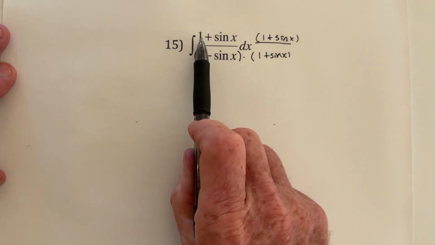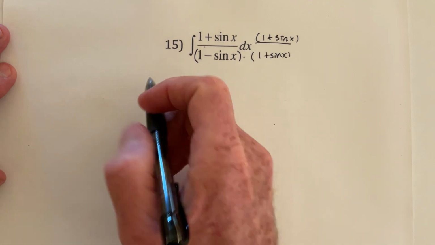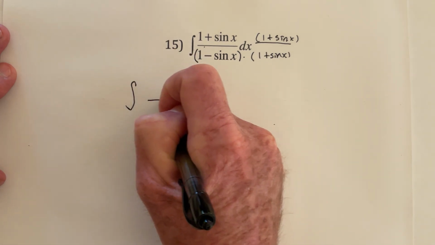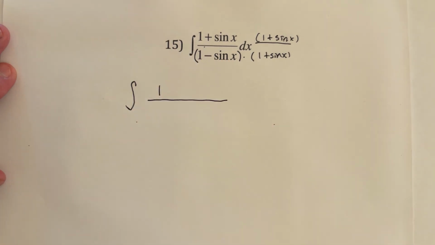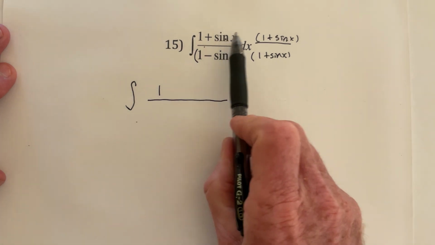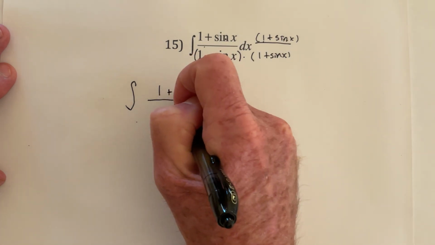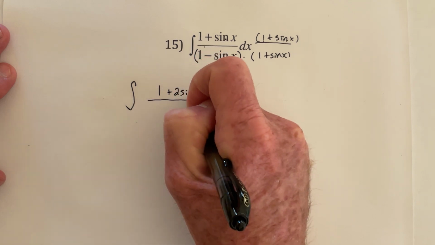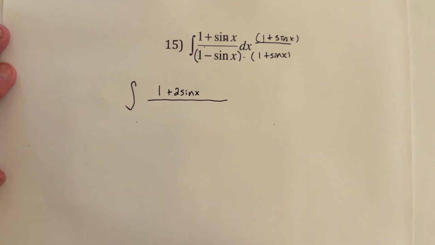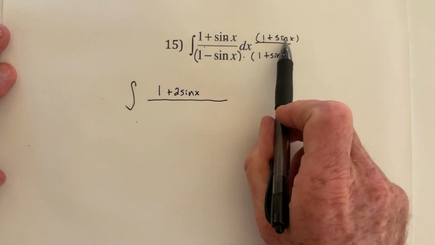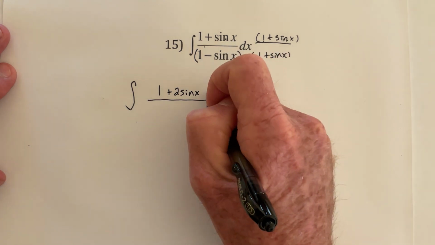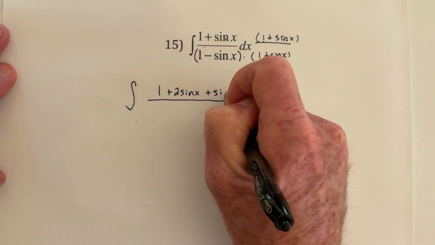So when you multiply on the top, you'll have 1 times 1. You'll also have sine x times 1 and another sine x times 1. So that's 2 sine x's. And we'll also have sine times sine, so we'll have plus sine squared.